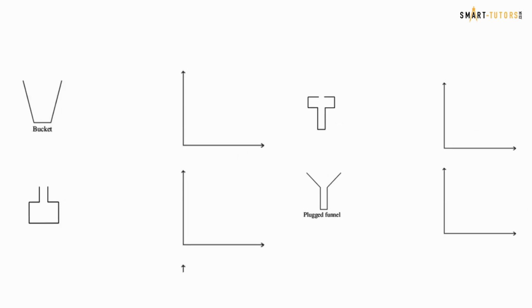So question number 7. A bucket here, the cross section is increasing, so it's going to be gradually increasing. And the next one has 2 different gradients. One is going to be slowly increasing, and after that rapidly increasing.